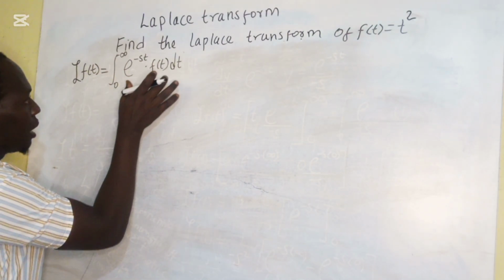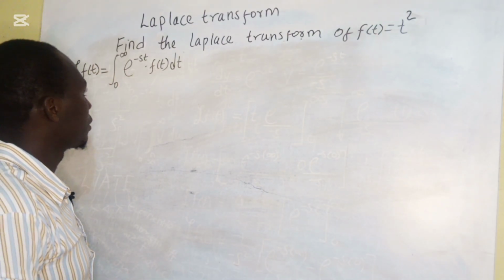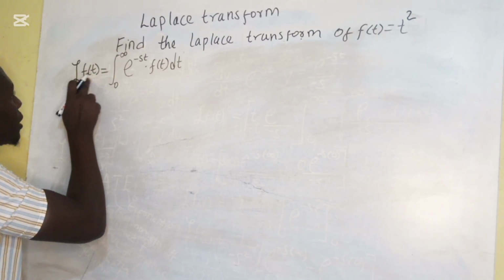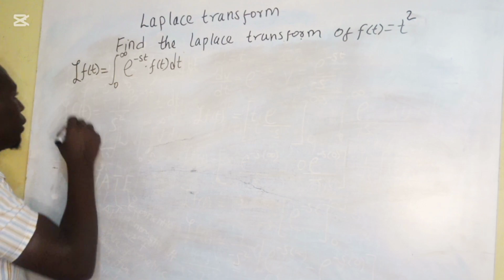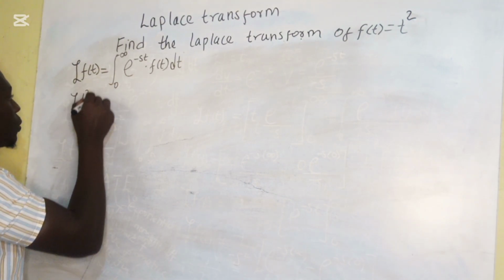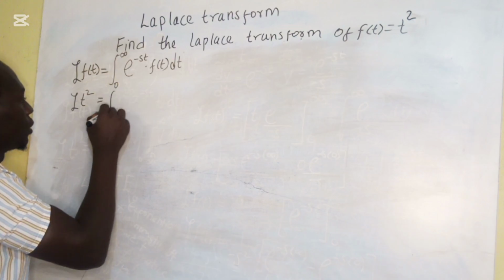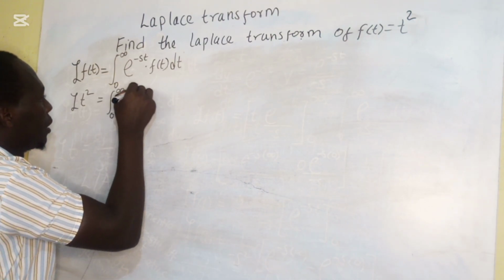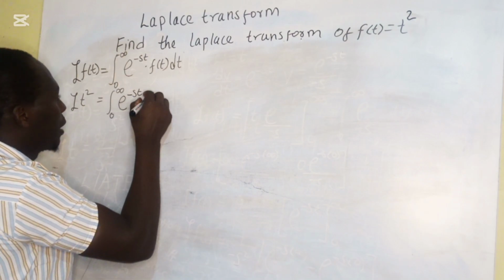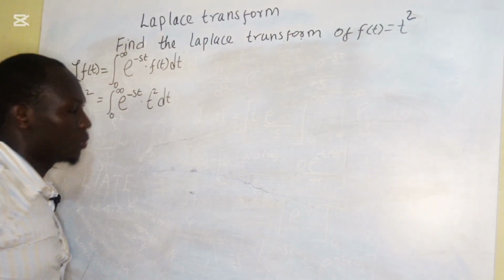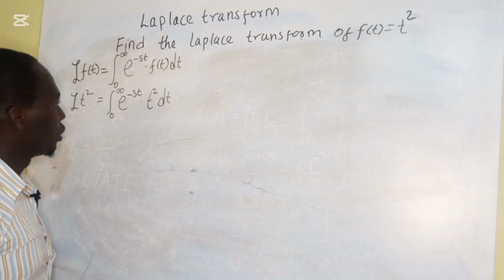This means that after noting down the first principle formula, we replace our function f of t with t squared, so the Laplace transform of our function t squared is equal to integration with respect to our limit of exponential negative st, we multiply by our function t squared, and our integration is with respect to dt.